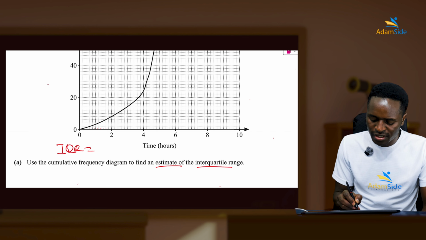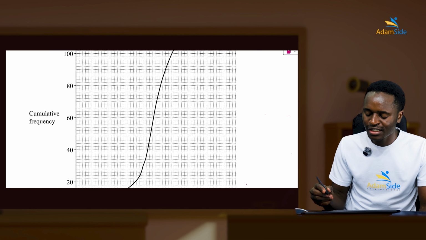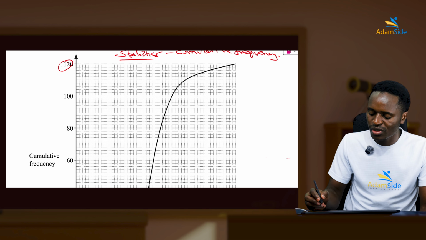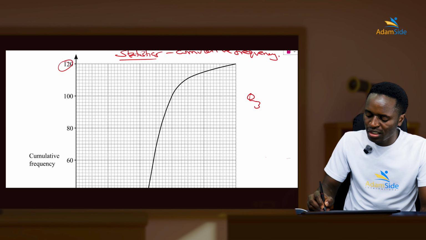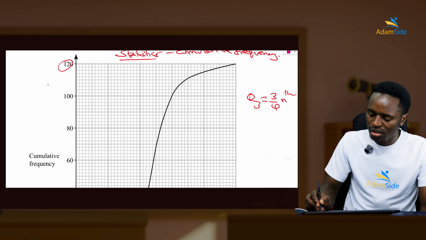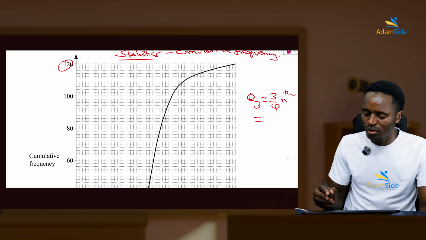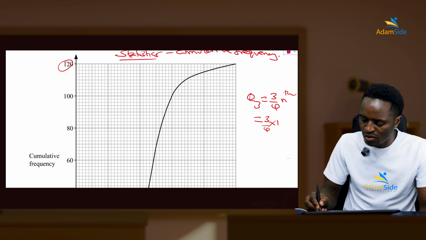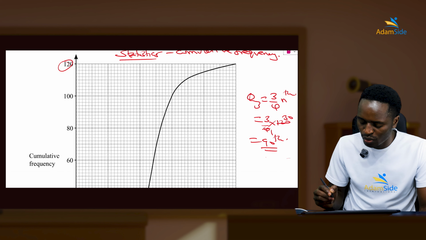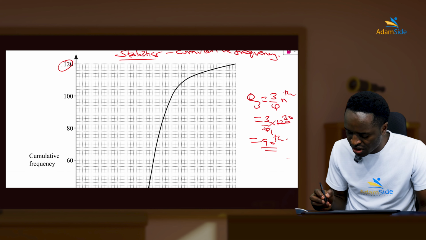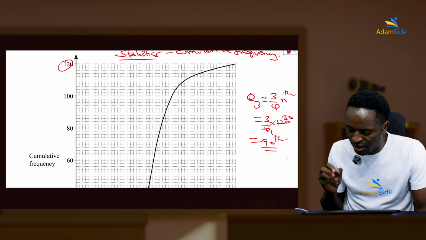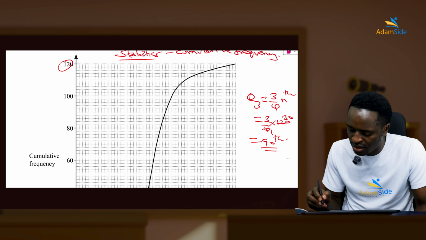The cumulative frequency is 120, so Q3 is at the 3/4 n position. 3/4 times 120 gives 90. The 90th position will be our Q3.